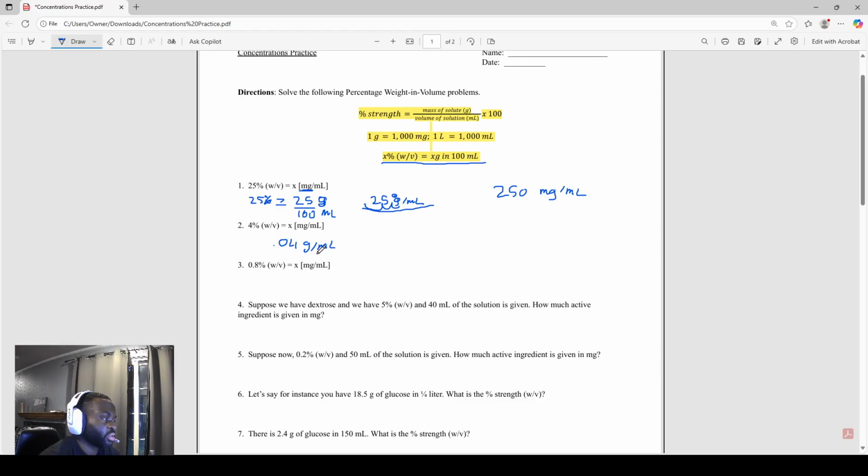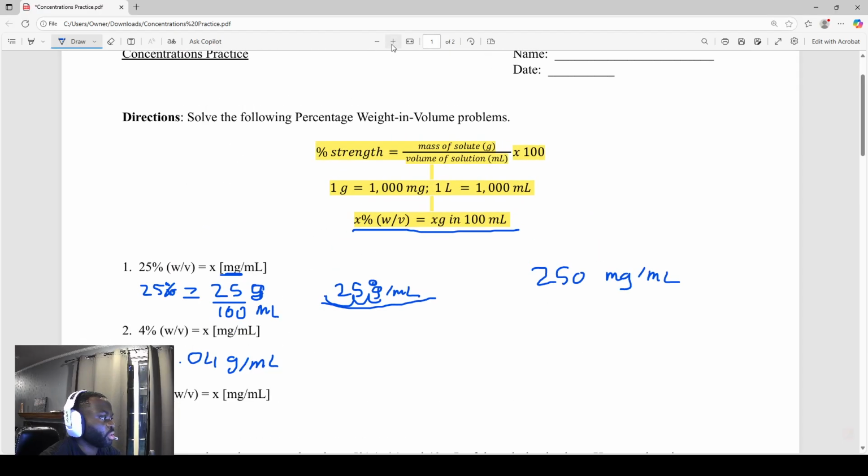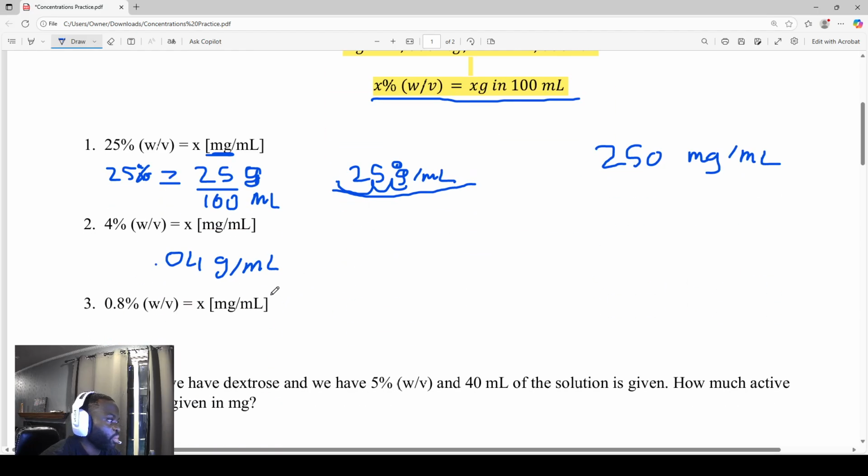Because, let me zoom in, 4% is equal to 4 grams over 100 milliliters, and 4 divided by 100 is 0.04.